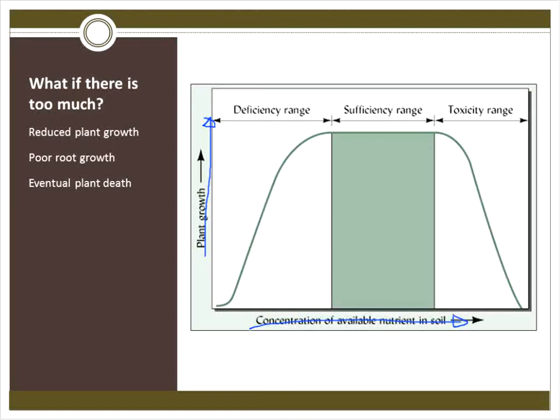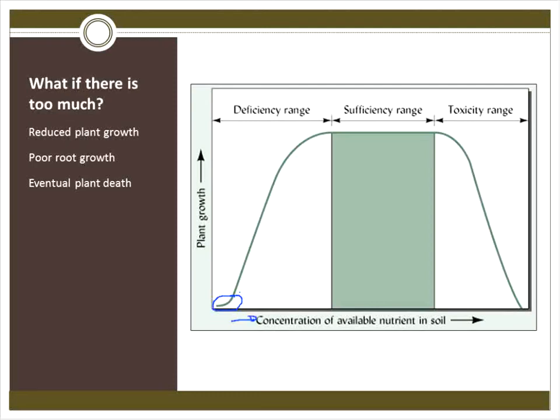At some point we have this area where we have a deficiency, where we don't have enough nutrients in the soil to support that particular plant. So somewhere around here, we don't have a high concentration of that plant nutrient, and so that plant is not going to grow very much. But as we add nutrients, we continue down in this direction.